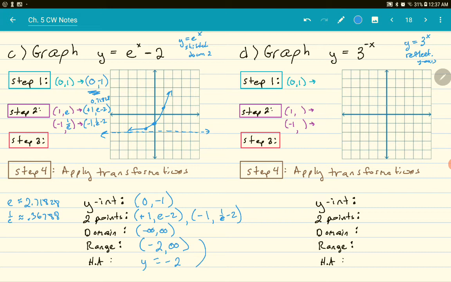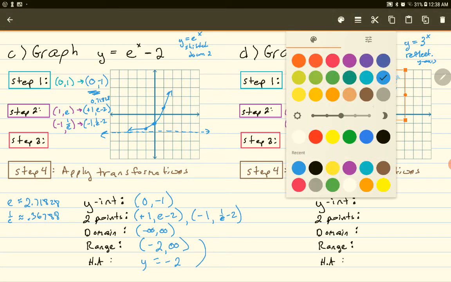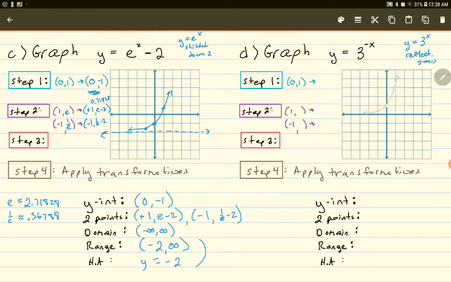I know that y equals 3^x means there's a point here at 0, 1, and there's a point at 1, 3, and there's a point at negative 1, 1/3. Those are my 3 key points. So that's my parent function, so I want to reflect that over. I should do that one in a different color. I'll do that one in like a gray.